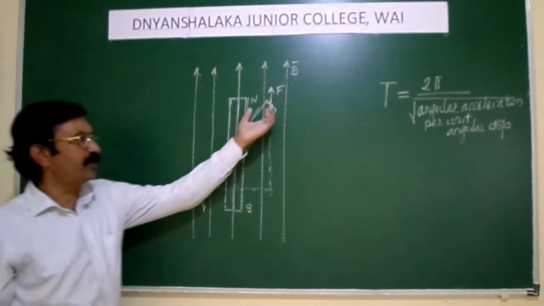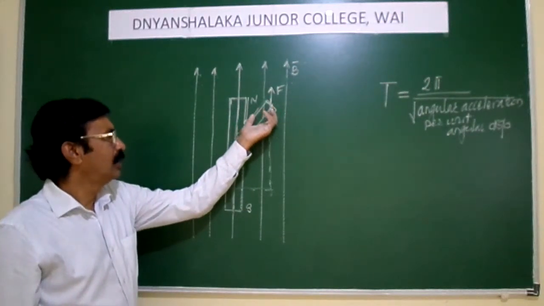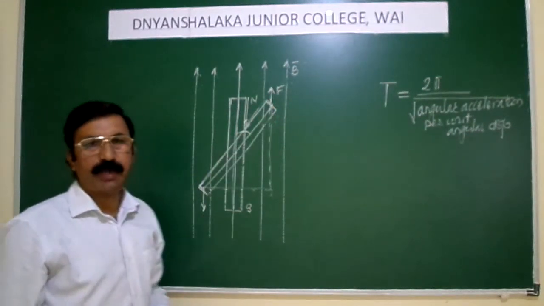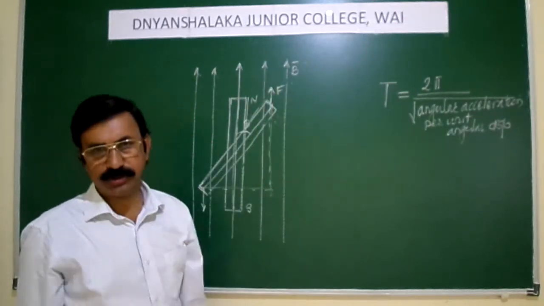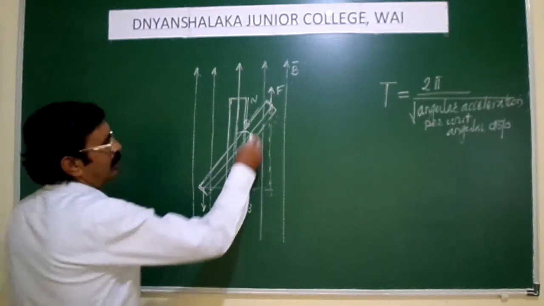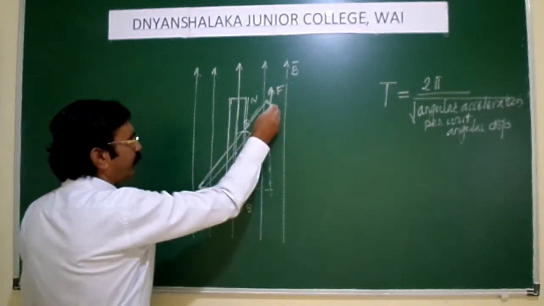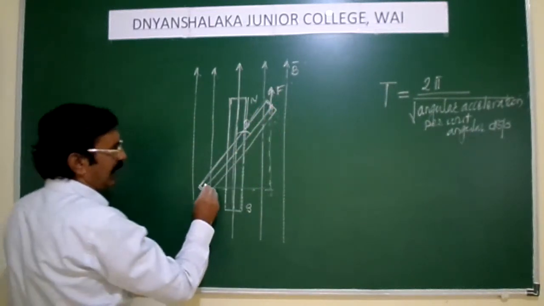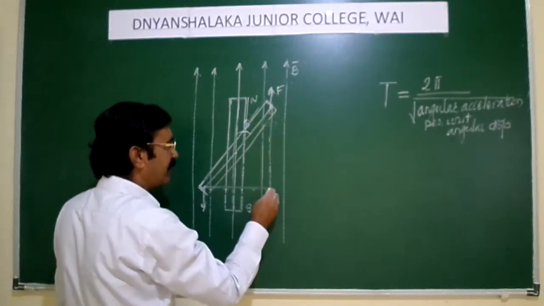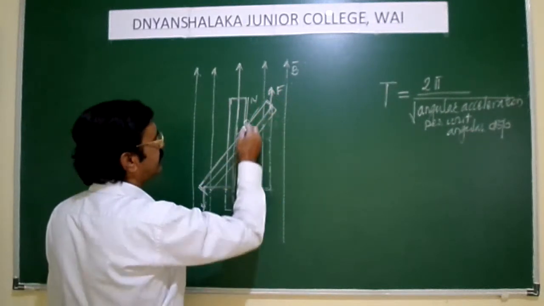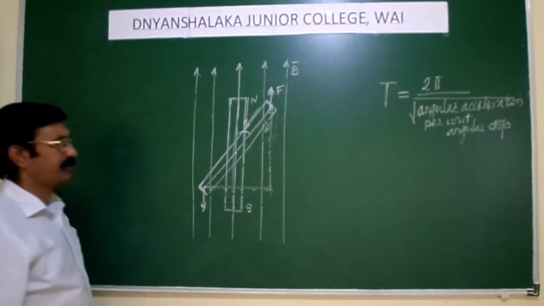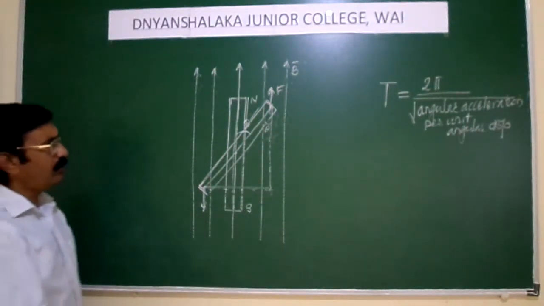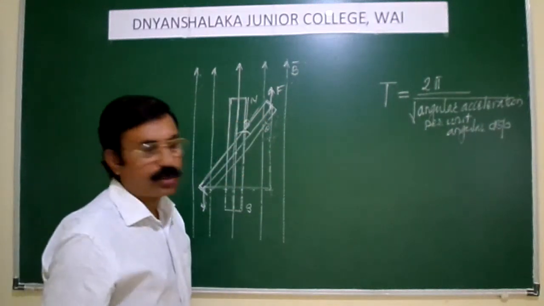The restoring force acting on the magnet will be given by magnetic dipole moment into magnetic induction. The force forms a couple and is separated by a perpendicular distance. Here theta is the angle, so over here the angle will be theta. And so force into moment arm is the torque.